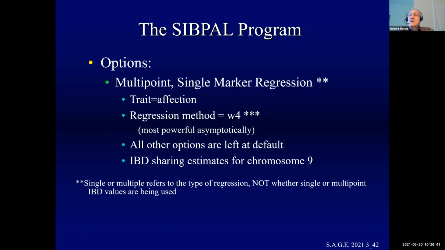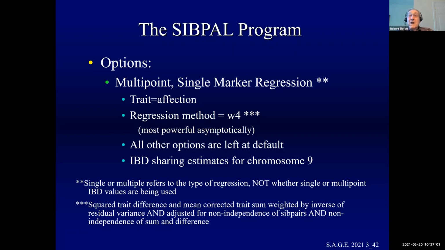And when you try to estimate too many things by regression analysis, you will get instability of the estimates. In this particular case, we're going to look at IBD sharing for chromosome 9.